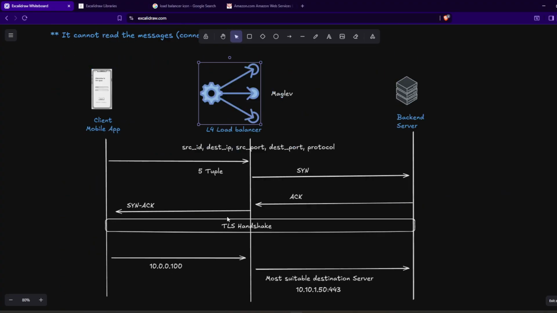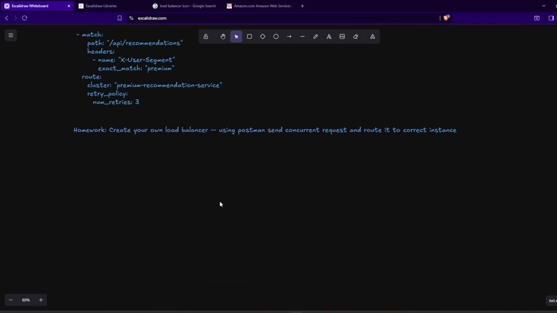We can just put up a load balancer. You can write your own program and put up three instances of the same application, totally based on what tech stack you are using.